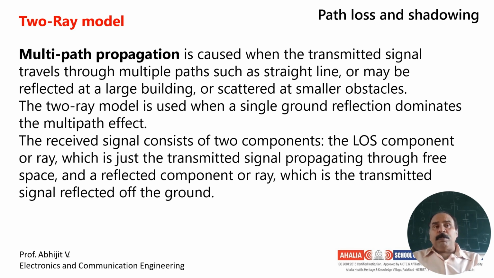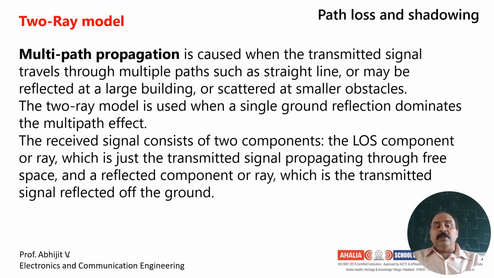Multipath propagation is caused when the transmitted signal travels through multiple paths such as a straight line, or is reflected at a large building or scattered at smaller obstacles. The two-ray model is used when a single ground reflection dominates the multipath effect.